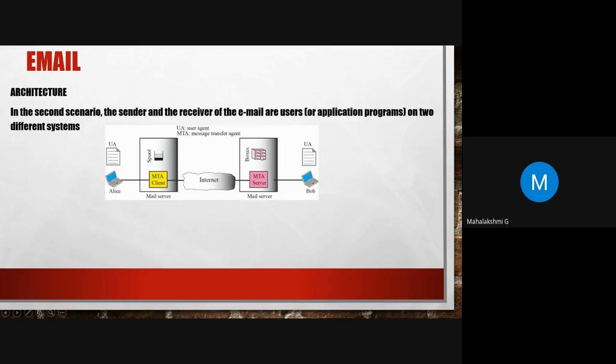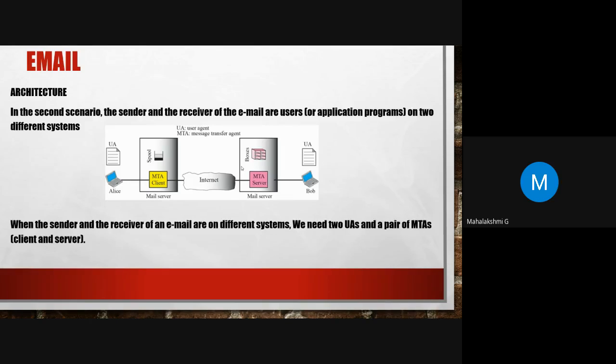At his side, the message, however, needs to be sent through the internet. The message is going to be sent through the internet from Alice's side to Bob's side. So here we have two message transfer agents. One is the MTA client and the other one is the MTA server.